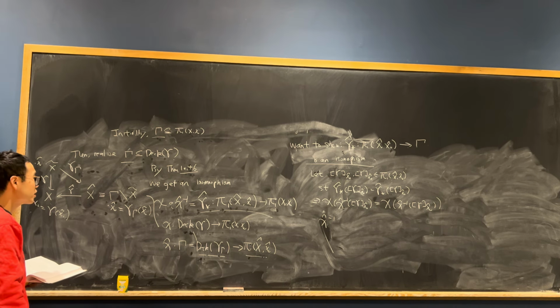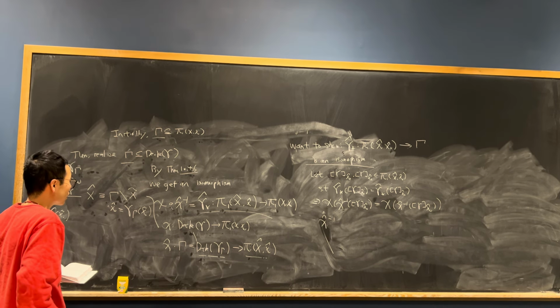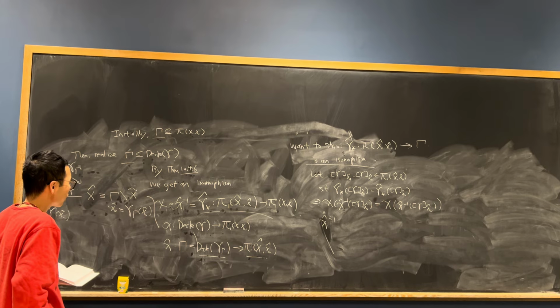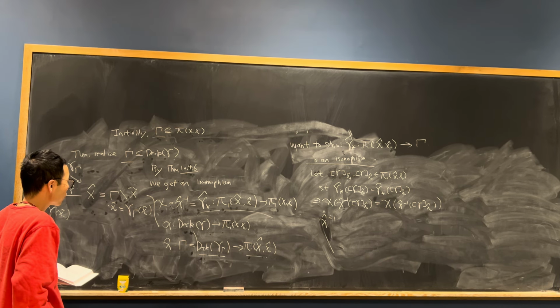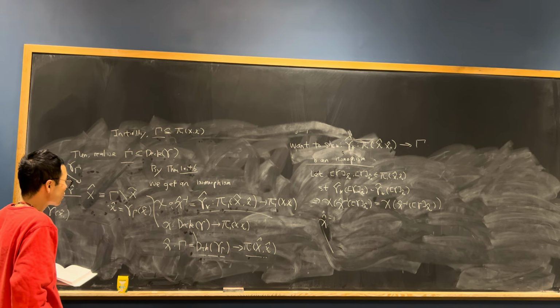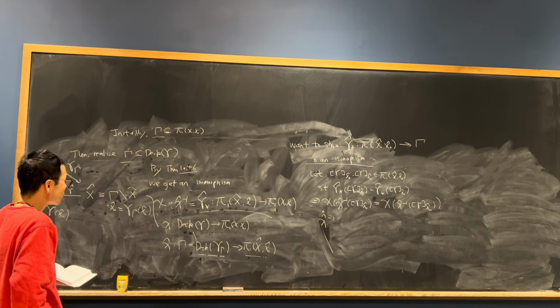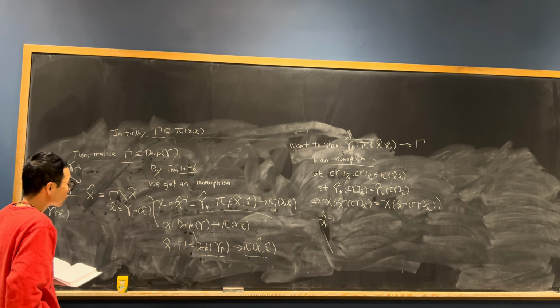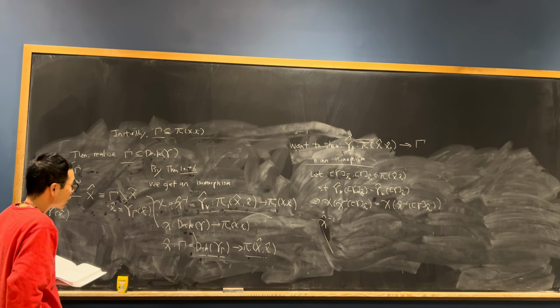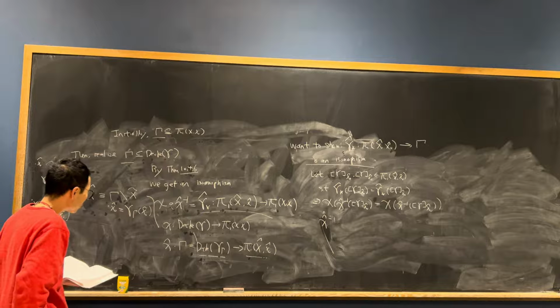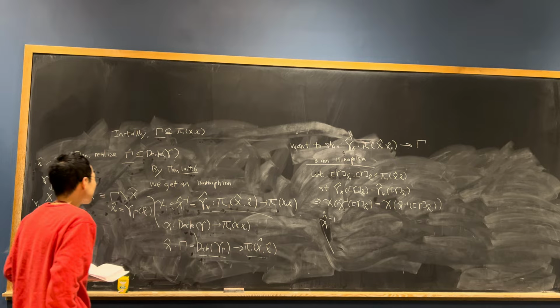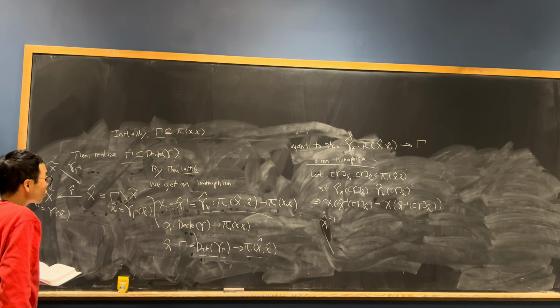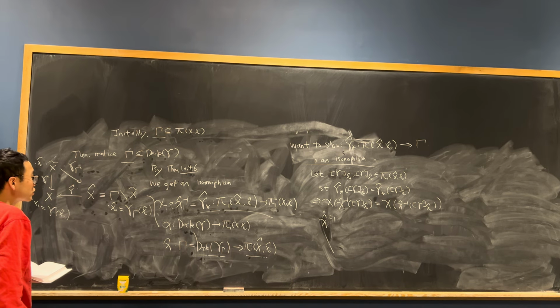It depends on the image set, right? Okay, I think the question for me is why it is onto, right? So why is this map onto? So basically that's the question.